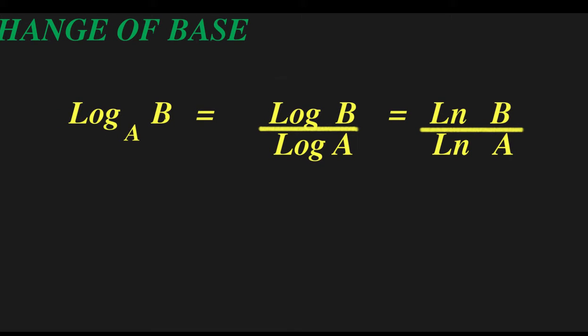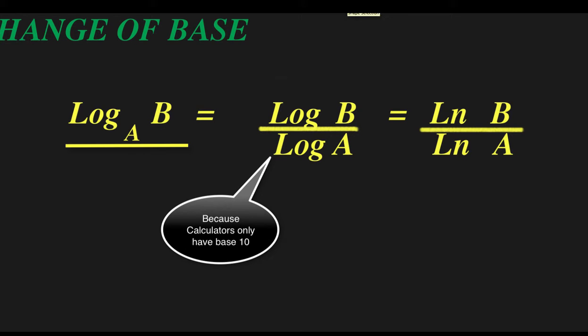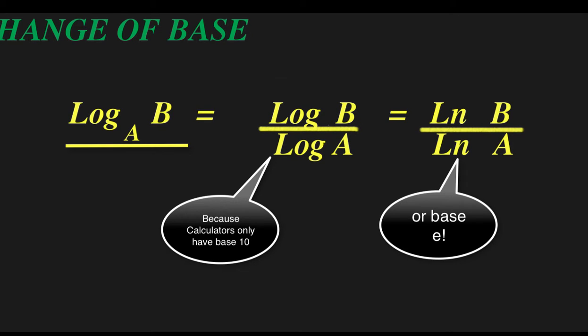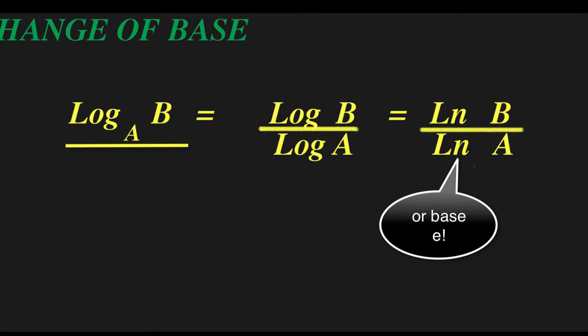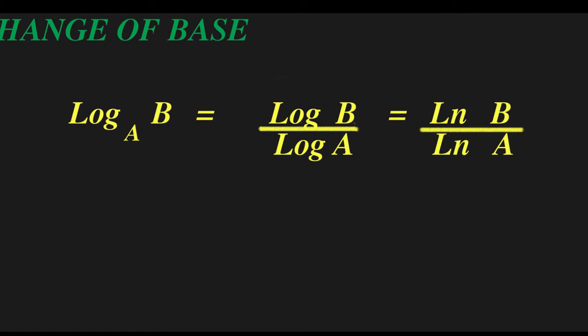Now we're going to talk about the change of base formula. The change of base formula is as follows. Whenever you have a log base a of b, because your calculator doesn't have anything that's not base 10, that's if nothing is present, or base e, which is ln, natural log, then we have to have a way to convert your numbers of a that aren't 10 or e.